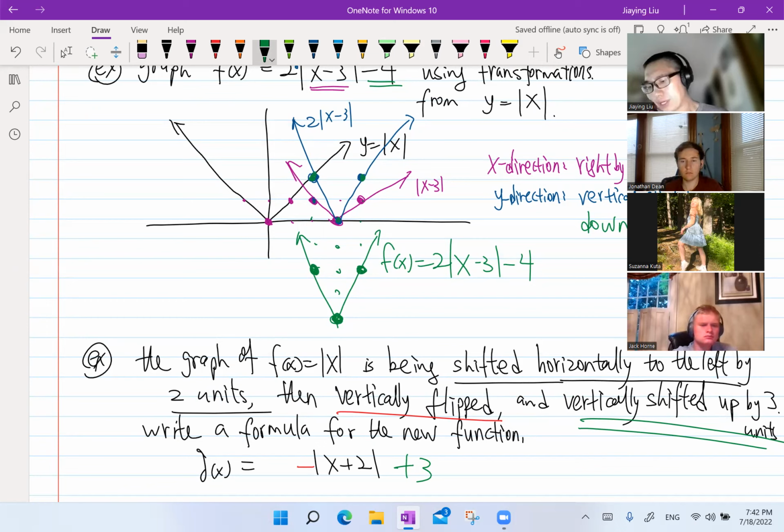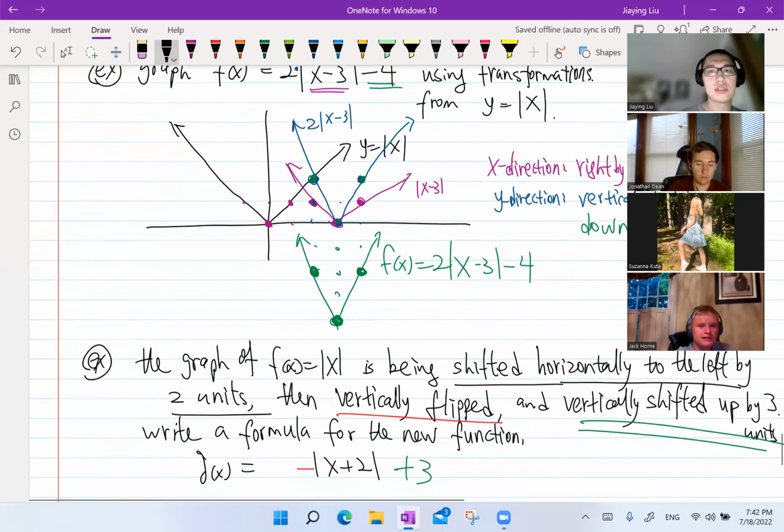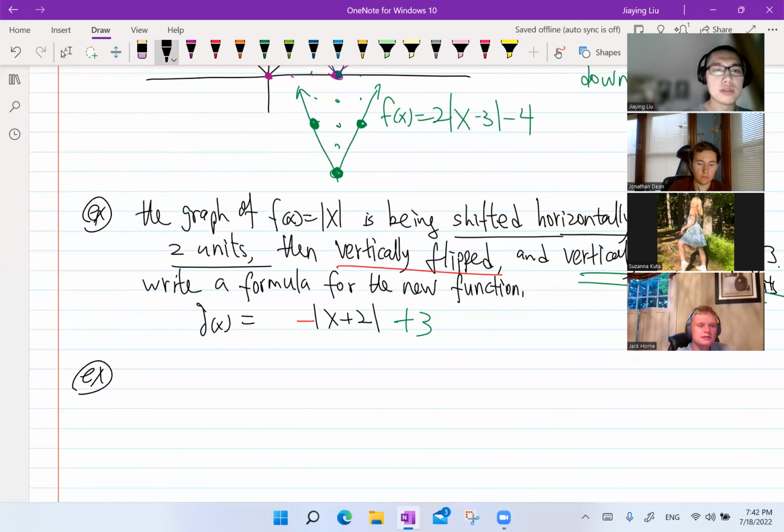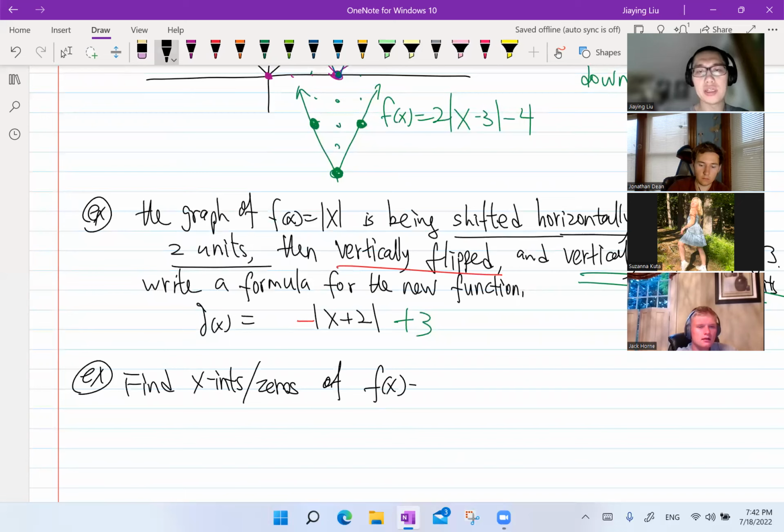All right, so the next thing we're going to do is find the zeros, the x-intercepts, of an absolute value function, just for practice. So I'm going to take the example above. Find the x-intercepts, all zeros in this case, of f of x equals 2 absolute value x minus 3 minus 4.